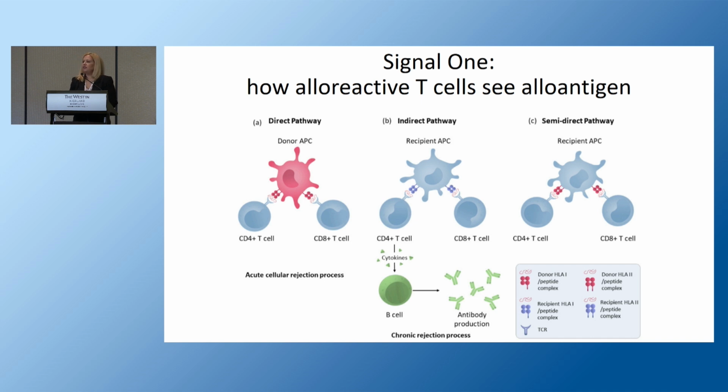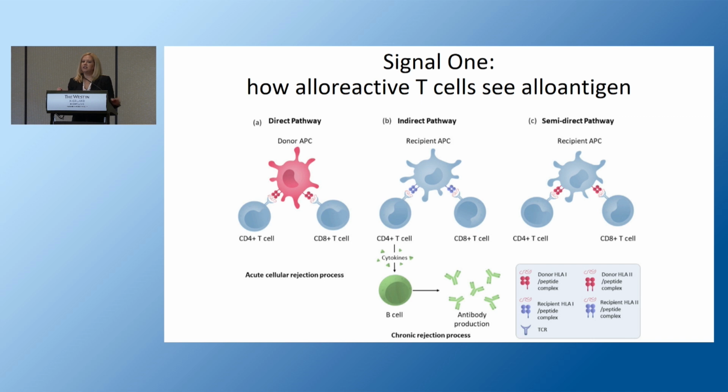The first step, of course, in alloreactive T cell activation is the perception of foreign, right? The perception of an antigenic signal. There are three mechanisms by which T cells can see antigen. Of course, the direct and indirect pathways have been well described over the years. The semi-direct pathway has been more well elucidated over probably the last decade or so.